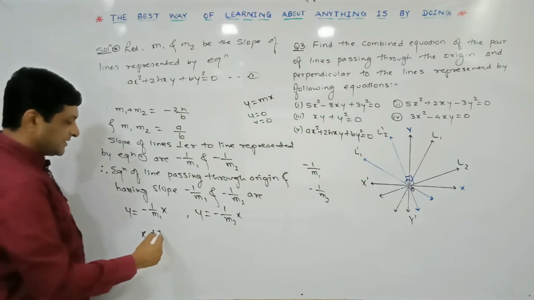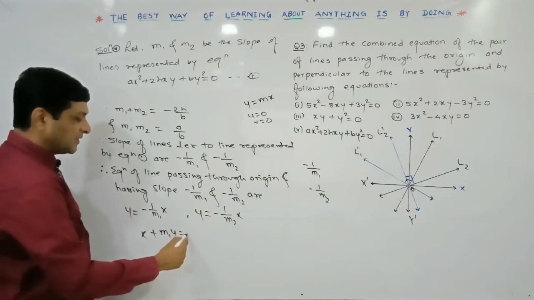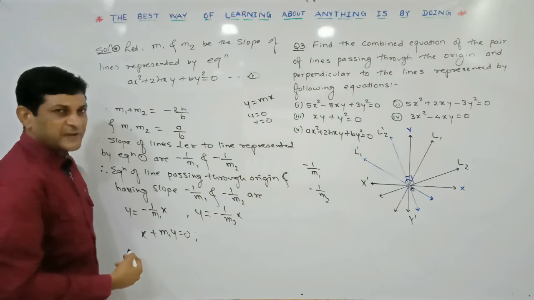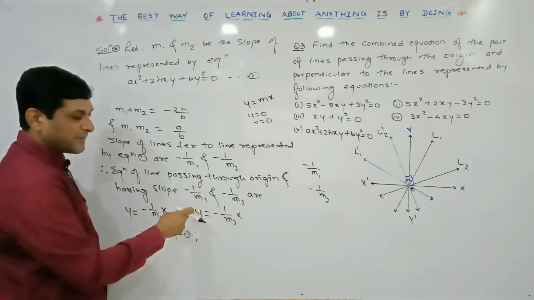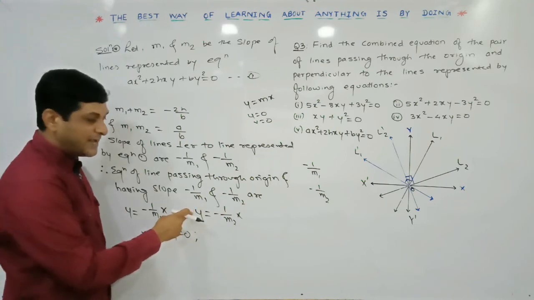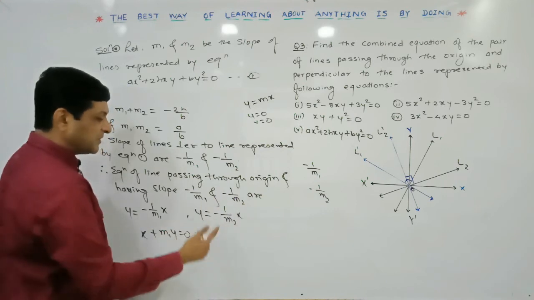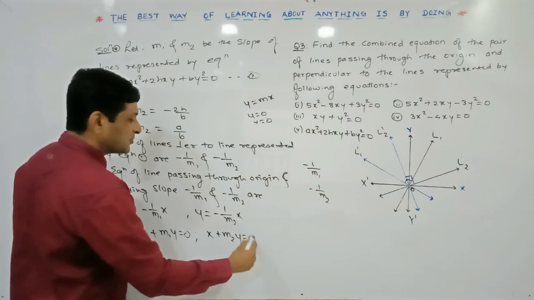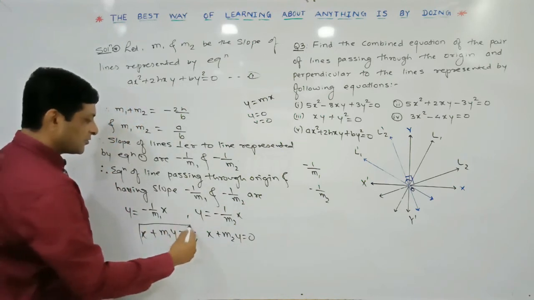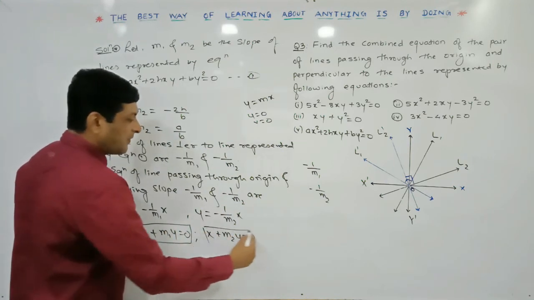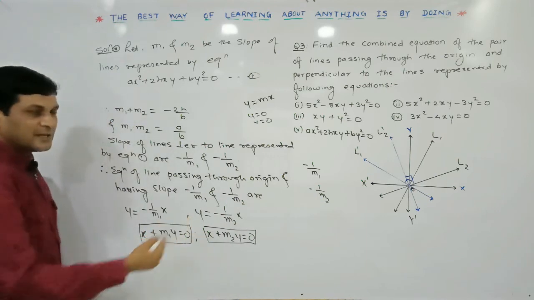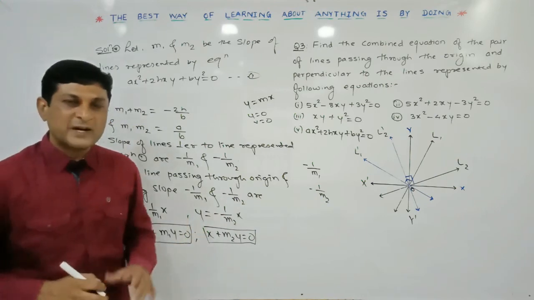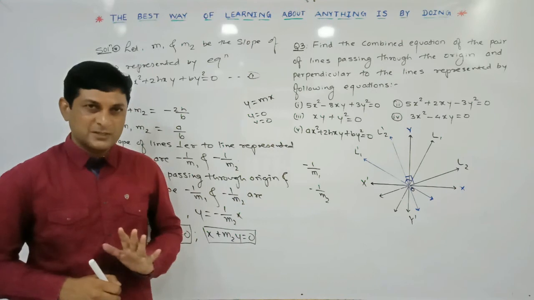So x plus m1y is equal to 0. In the same way, simplifying the second equation, m2 will get multiplied on this side, so we will get m2y, and minus x will become plus x, so x plus m2y is equal to 0. The equations of both required lines are known to us. Just taking their multiplication we are able to find our required combined equation.